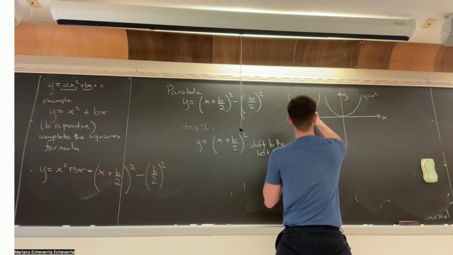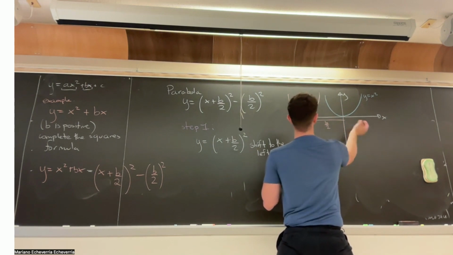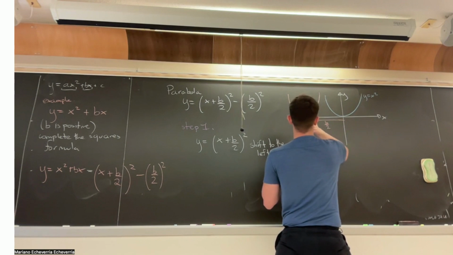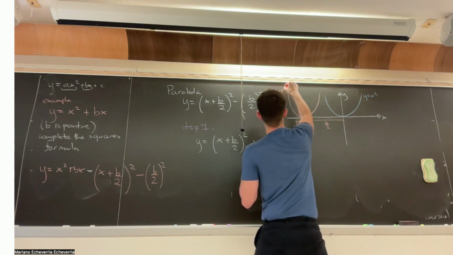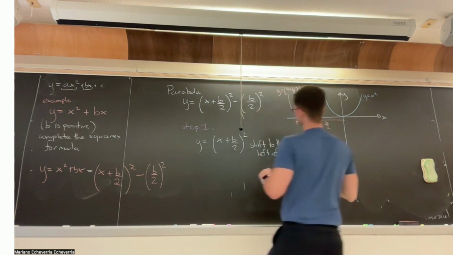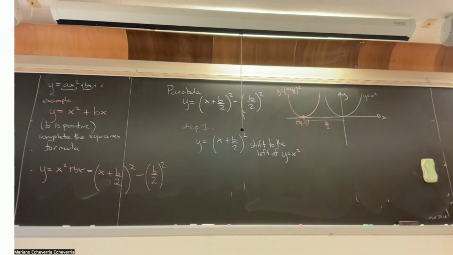So there's a distance b over 2 here. But it's to the left, so I'll put the point as negative b over 2, comma zero, because we move to the left. So now this is the graph of y equals (x plus b over 2) squared.